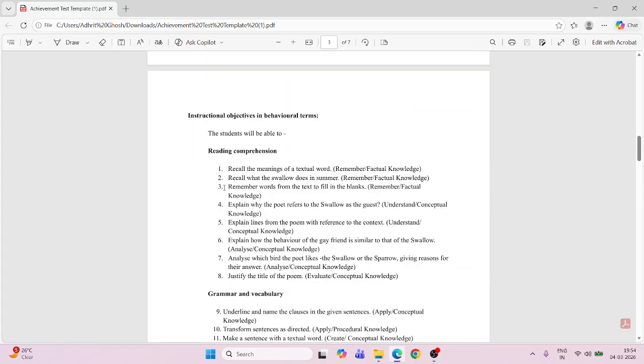Say, for example, the first 3 of them are based on remembering factual knowledge. Recall the meanings of textual words, then textual information. You have to write this specifically, right?